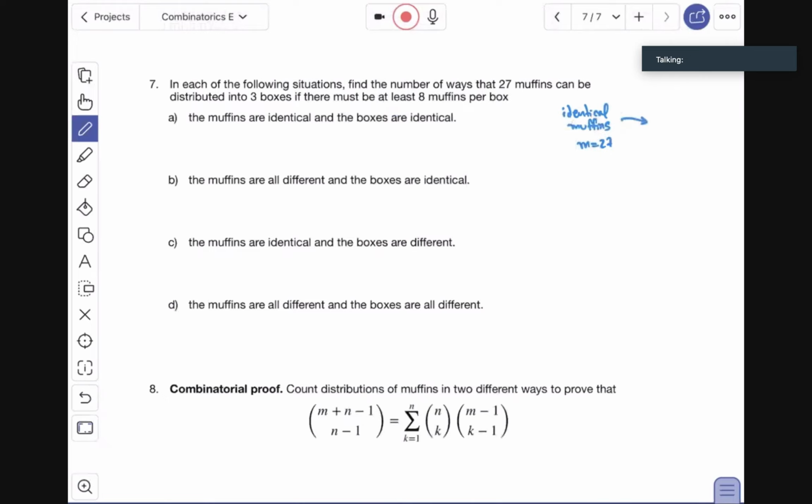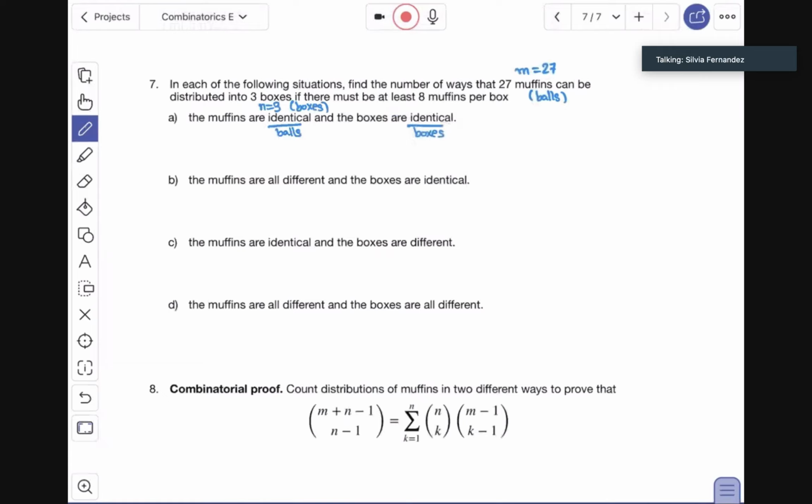In the first one, I have identical muffins into identical boxes. So I'm just going to write this: the balls are the muffins, and these are the boxes. So n equals 3 are my boxes, right? And so here I have identical balls into identical boxes.